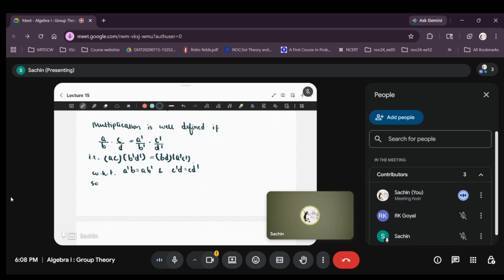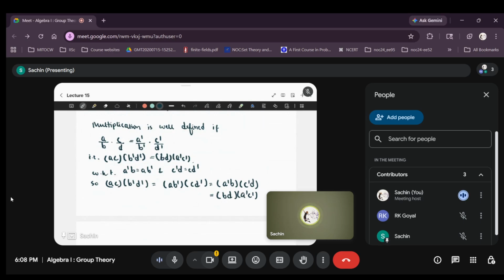So AC into B prime D prime can be written as AB prime into CD prime. This can be written as A prime B into C prime D. Again, this can be rearranged as BD into A prime C prime, which is the right hand side. So multiplication is also well defined.